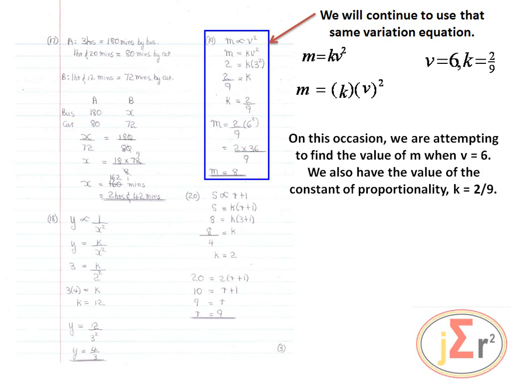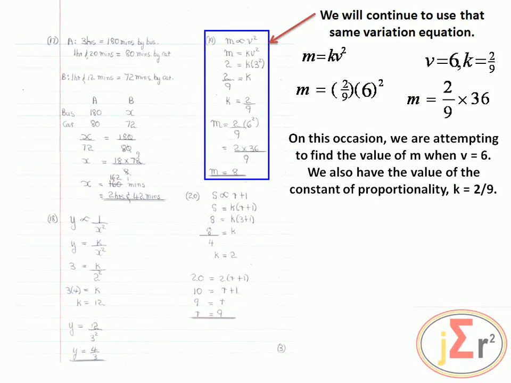So m is equal to k v squared, which is a template awaiting the known values of v is equal to 6 and k is equal to 2 over 9, and then we may simplify. Do not forget, here we have 6 squared. 6 squared is equal to 36.